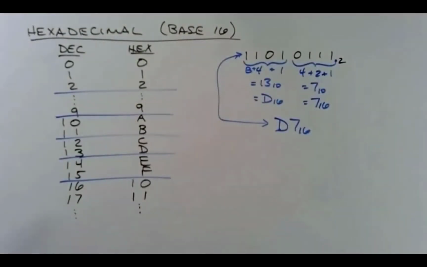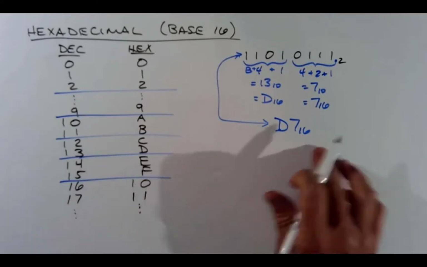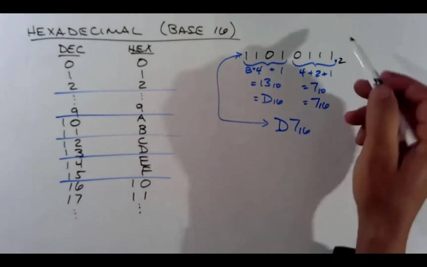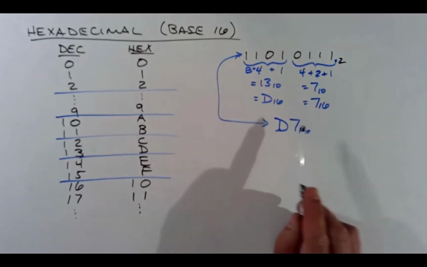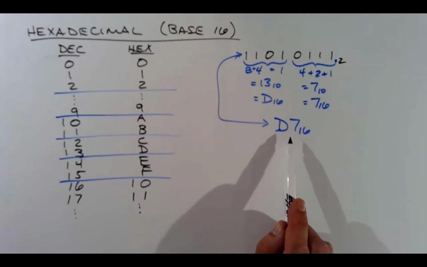Okay. Let's do one more example. I want to show you some leading and trailing zeros. I was making 2 points there. Let me step back. I showed you the conversion point. The other point is that now you can represent 4 bits at a time with a value, right?